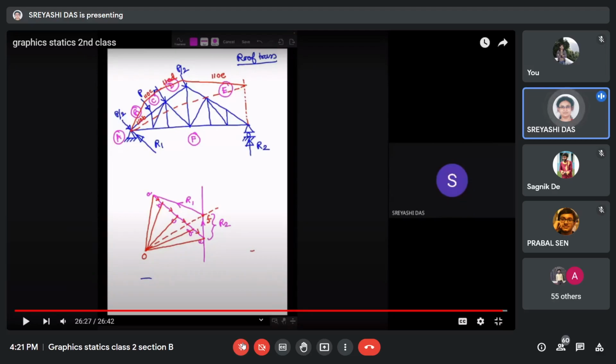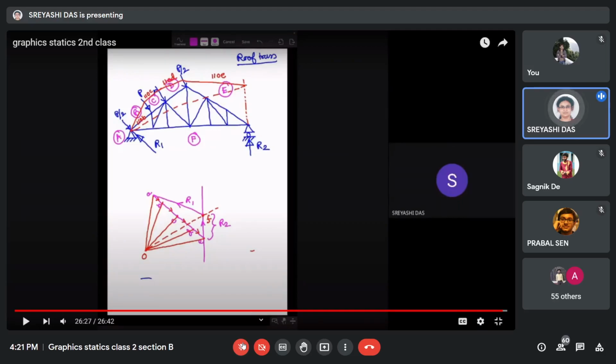Because in the A space, you see that R1 force and P/2 force, both these forces are acting through the same point. Okay. And we have named the space region A, but basically that is two forces acting on the same point, and they are passing through the same point.